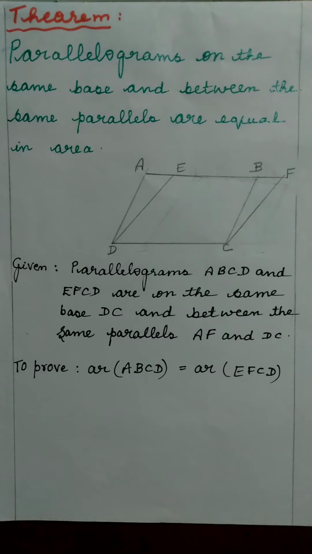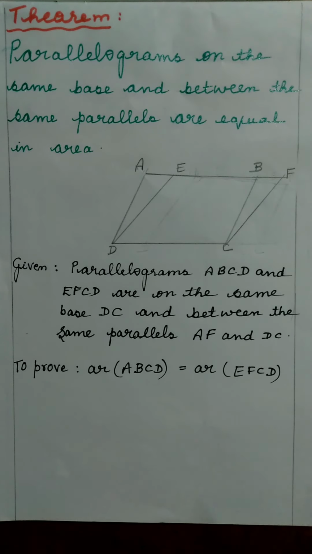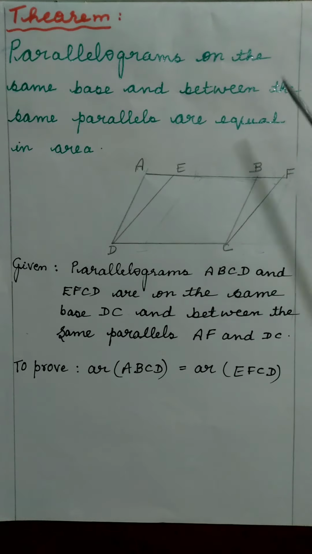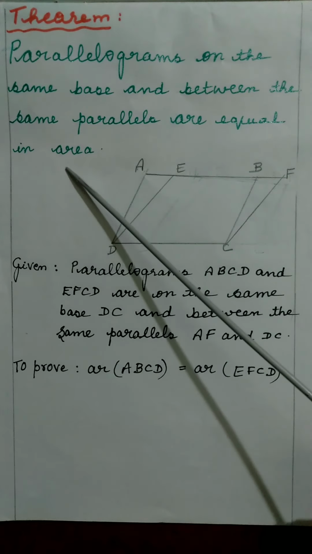We have to prove that the area of parallelogram ABCD is equal to the area of another parallelogram, that is EFCD. Therefore, the theorem statement is parallelograms on the same base and between the same parallels are equal in area.